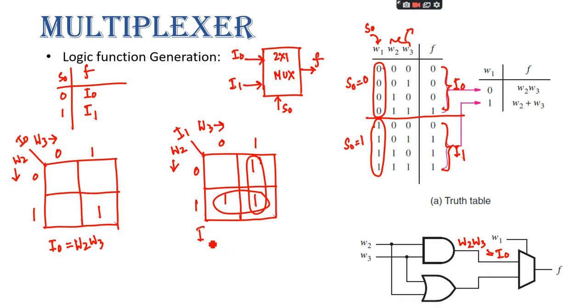So what will be my equation for I1? W2 plus W3. So they are all together, right? And that should be your I1. And W1 should be your control input, right? Any question?